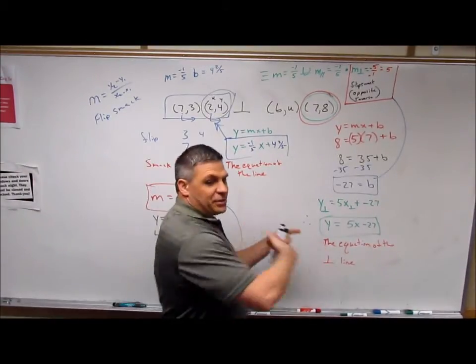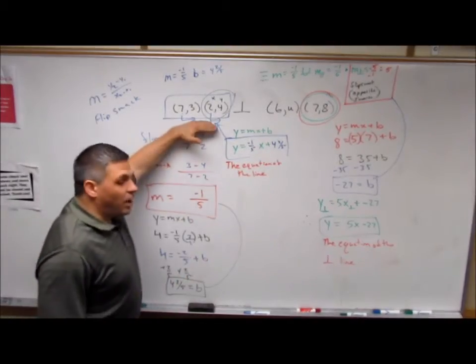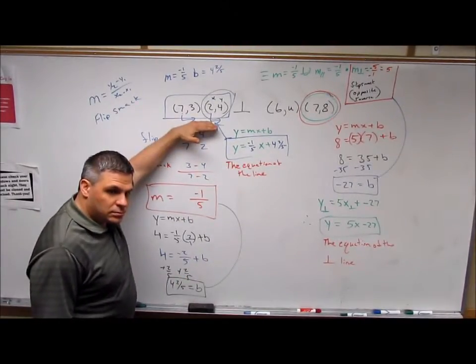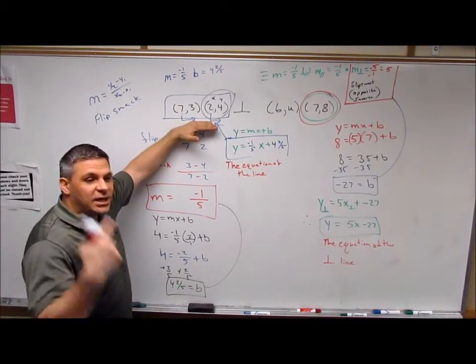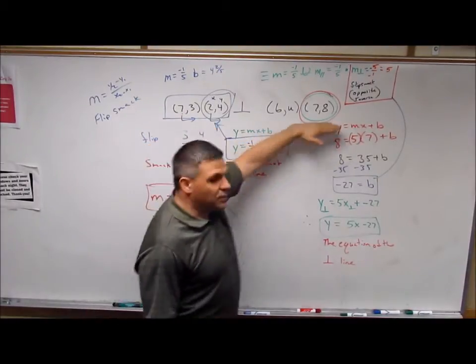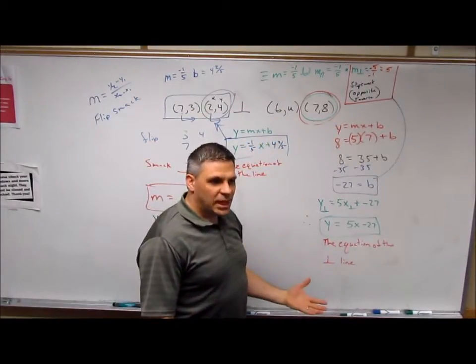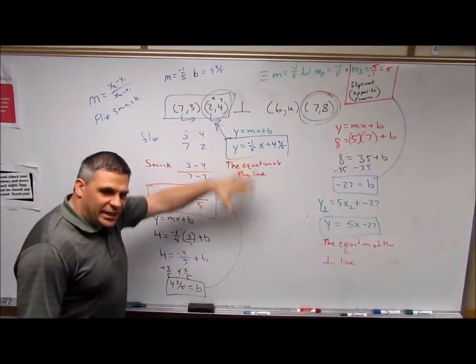Now that would be an answer to a question that's on the test. They give you a couple of points. They say, hey, I want the equation of a line that's perpendicular to this line, but goes through this point. That's what they're going to say to you. Great, we did it.